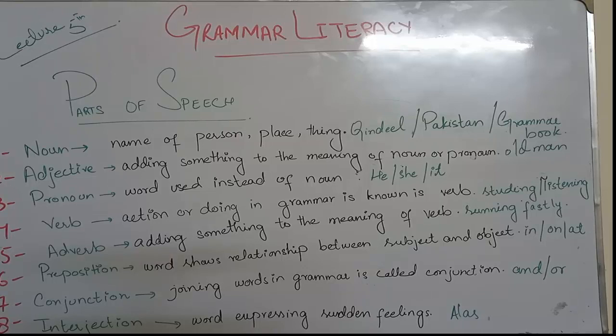We are going to discuss them in detail, along with their examples and types. How many types of nouns are there, how many types of adjectives, pronouns, verbs and adverbs, and how many types of preposition, conjunction and interjection.